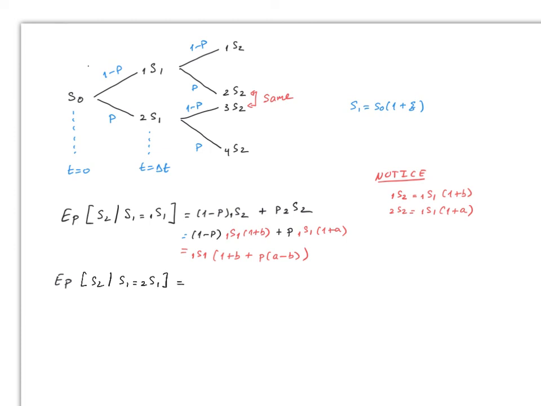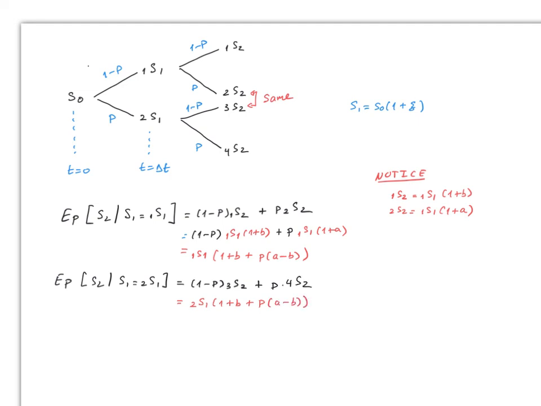If that's the case, then this will be now 1 minus p times 3S2, which will be this value, plus p times 4S2. And again, once you simplify the whole thing, and you should definitely check this, you will get 2S1 is 1S1 times 1 plus b plus p times a minus b.